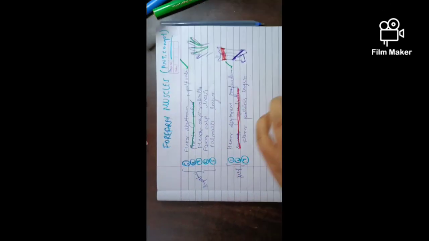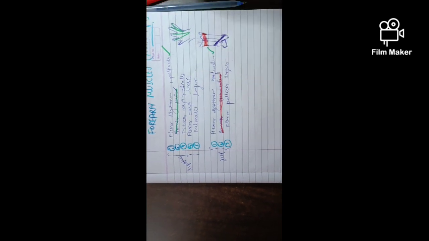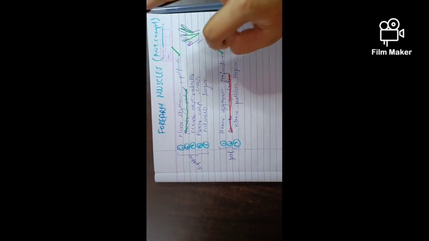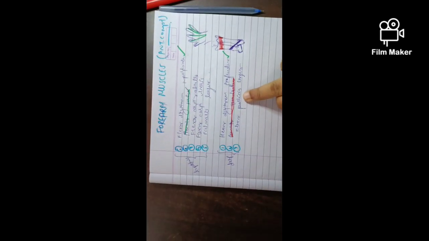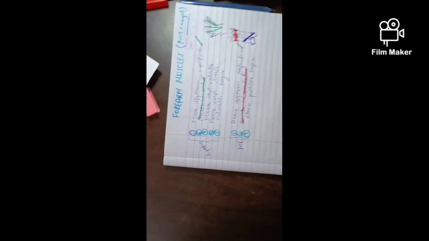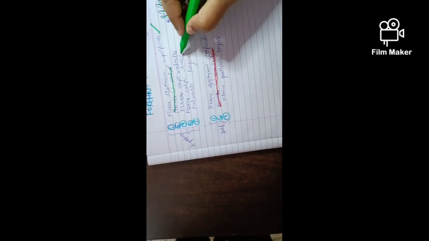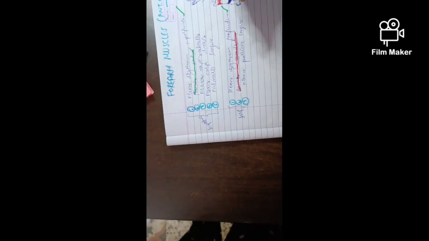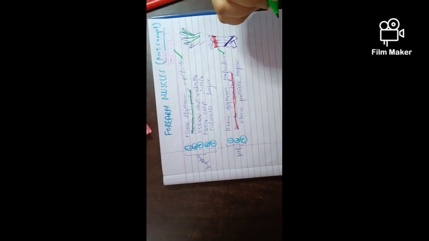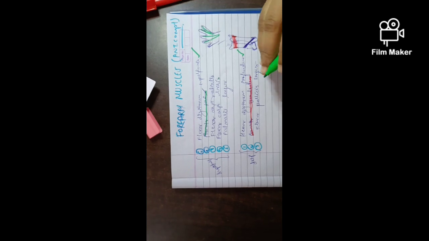Now the remaining muscles. See, flexor carpi radialis and palmaris longus will surely go, and flexor pollicis longus will also go. Only flexor carpi ulnaris gets inserted on the pisiform, but also distal to it. The other muscles will have relations with the flexor retinaculum.